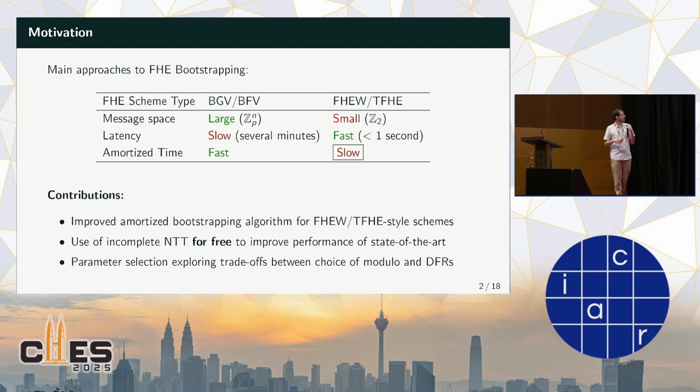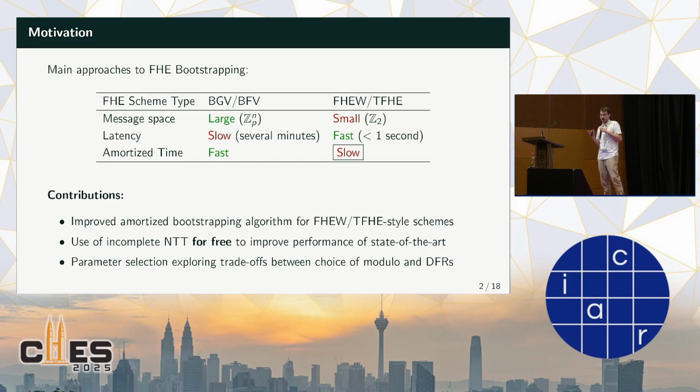So our contribution is that we improved the amortized bootstrapping algorithm for FHEW/TFHE-style schemes. We show how to use the incomplete NTT for free to improve performance over the state of the art. If you know the NTT, you know that typically the base multiplication starts getting in the way when you try to use more incompleteness levels.